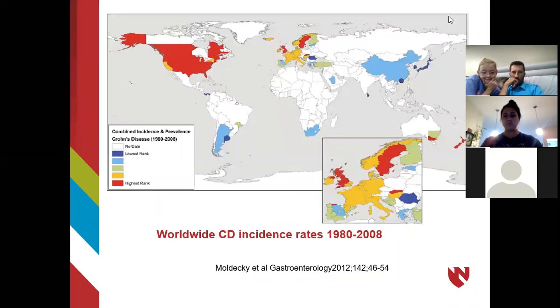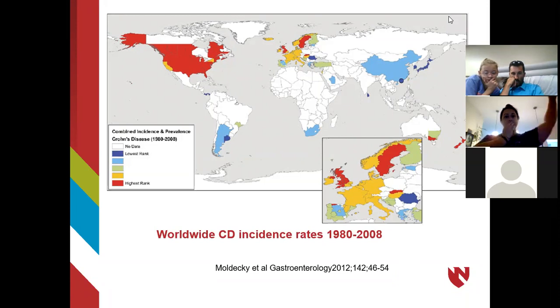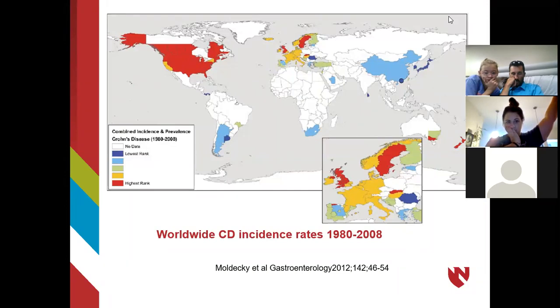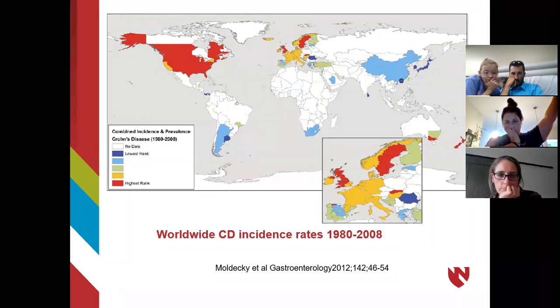This slide, which comes out about every 10 years or so, shows the incidence and prevalence of Crohn's disease. The highest areas are those in red, and you can see the United States is mostly red. Over time, it's very interesting that the countries that are more US-like, more westernized, with higher use of antibiotics, more cleanliness and more use of antibacterial products, have a rising incidence and prevalence.